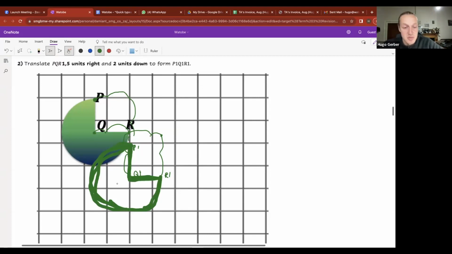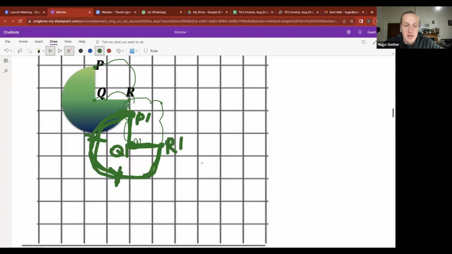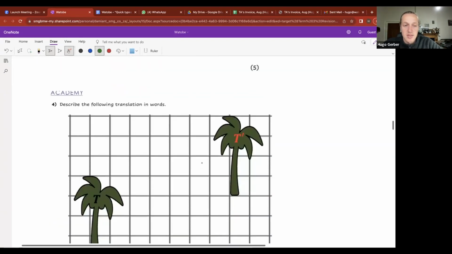Okay, but the most important part is not this that I drew here. It's these points, P1, Q1, and R1. Let me put it in there again. P1, Q1, and R1. That is what is important, guys. Well done. Hope you got the same.